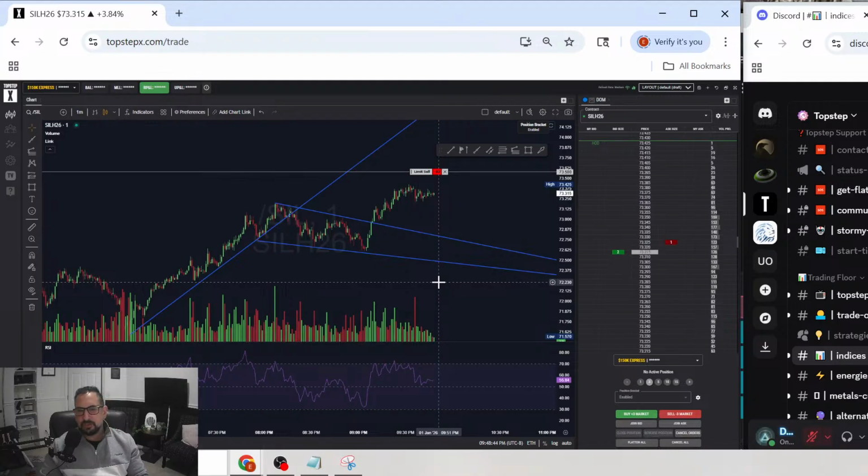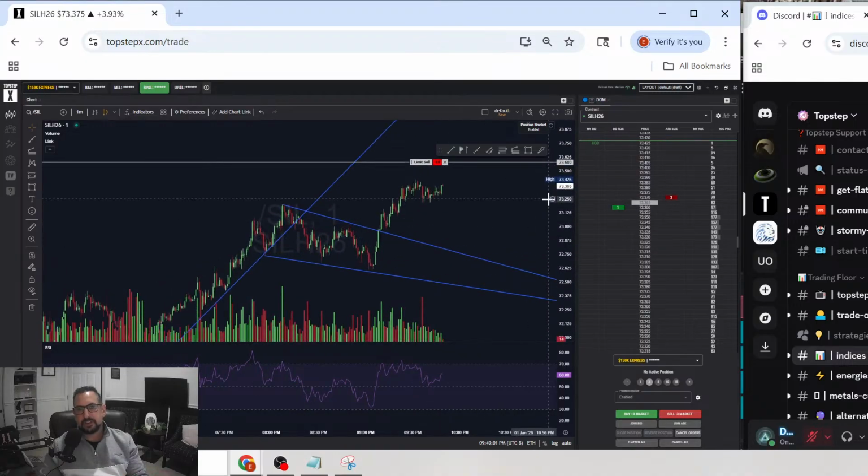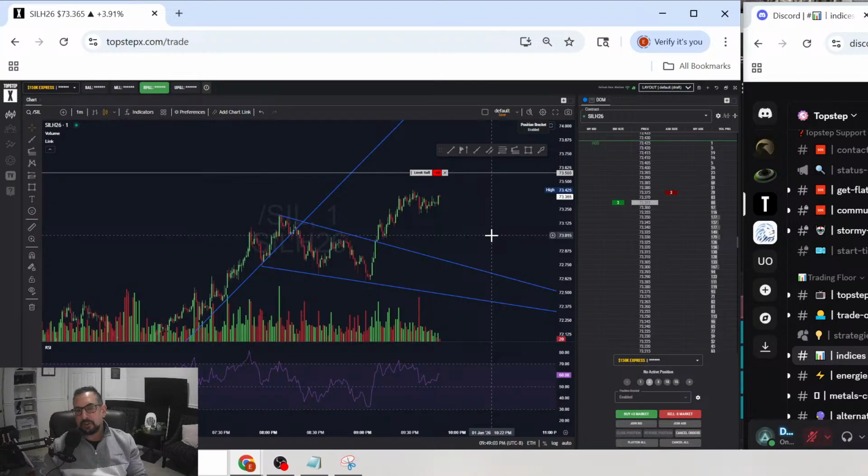I used to use level 2, but I prefer to stare at candlesticks than staring at level 2 or the DOM. I just don't enjoy it. I just feel like I'm just looking at numbers. I'd rather look at price action and see how the candles are behaving, because candle behavior will tell you what's happening.